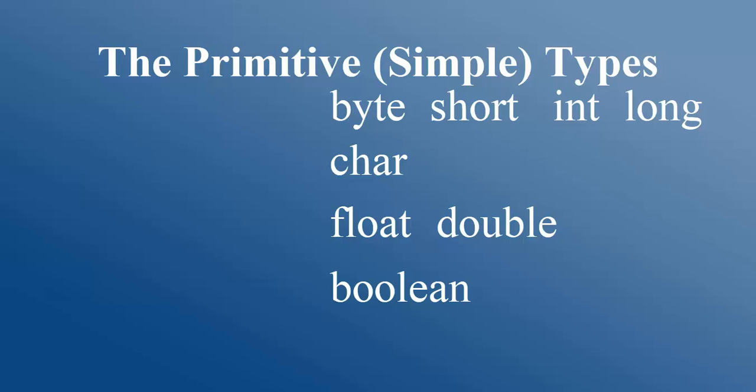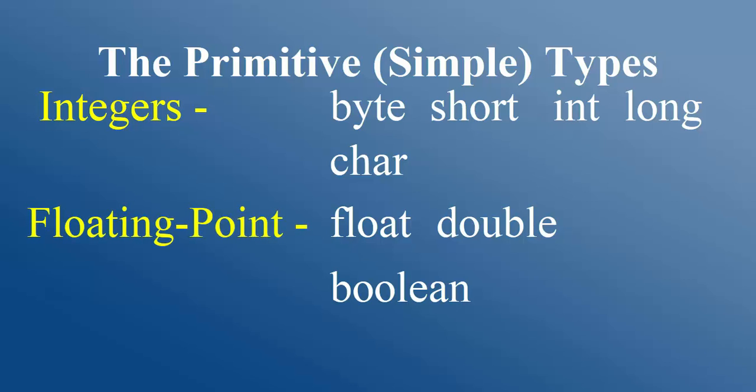The first group is made up of integers, and this group includes the byte, the short, the int, and the long, which are for whole-valued signed numbers like 1, 2, 3, 4, 5, 6, and so forth. The next group is the floating point numbers, which includes float and double, which represent numbers with fractional precision, for example, 0.25, 0.27, and so on.